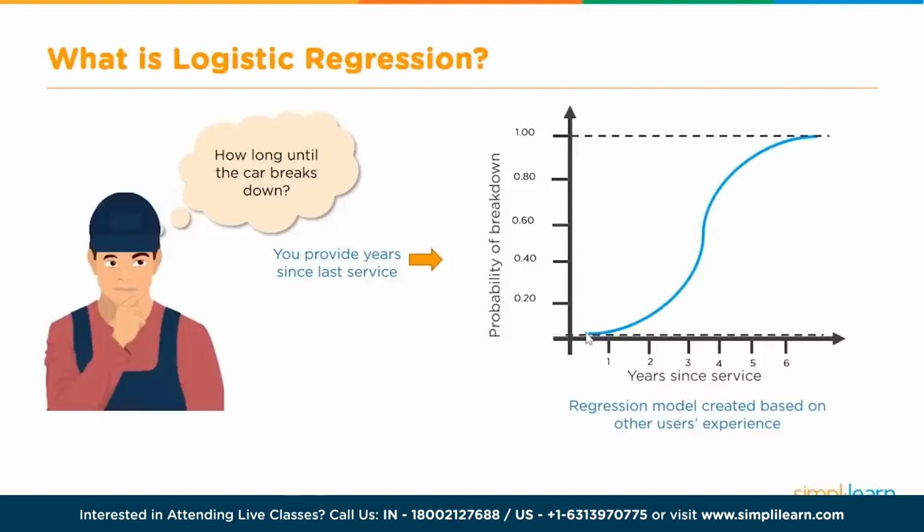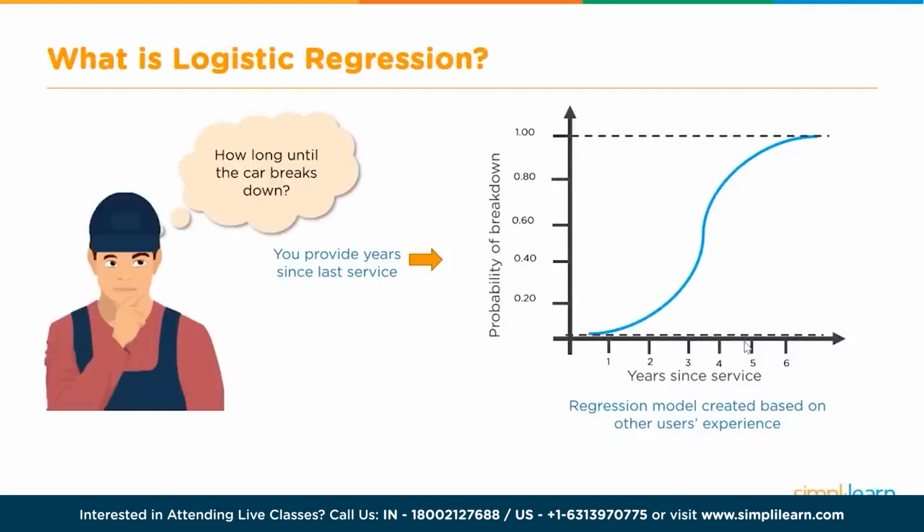As the number of years are on the lower side, maybe 1 year, 2 years, or 3 years after the service, the chances of your car breaking down are very limited, right? For example, the probability of your car breaking down within 2 years of your last service is 0.1. Similarly, 3 years is maybe 0.3 and so on.